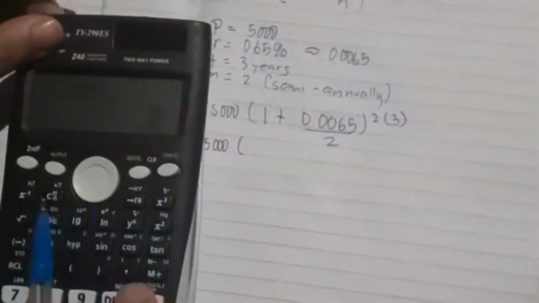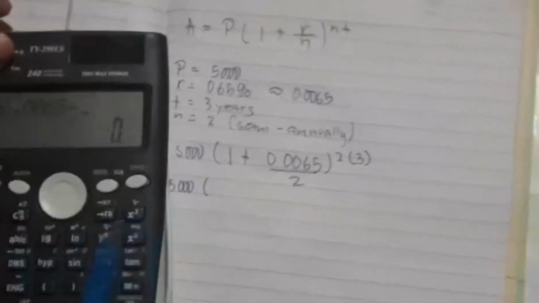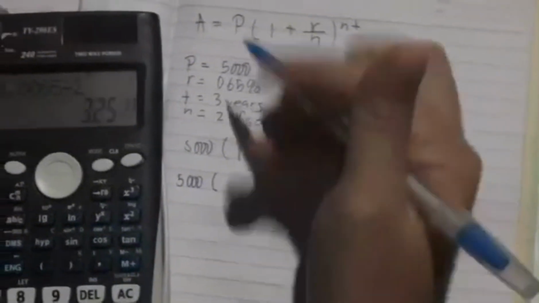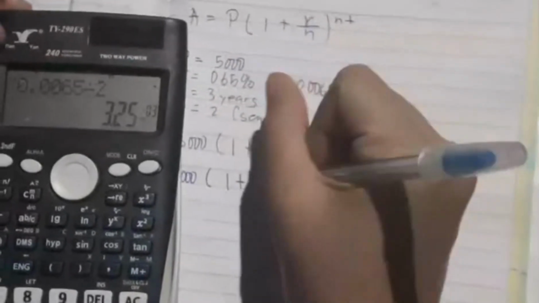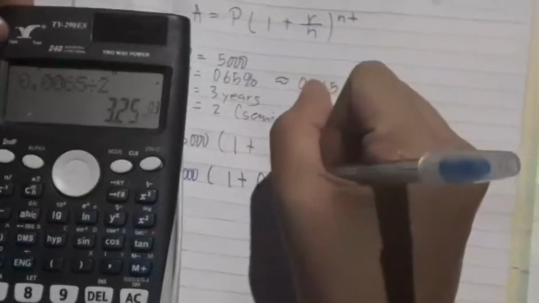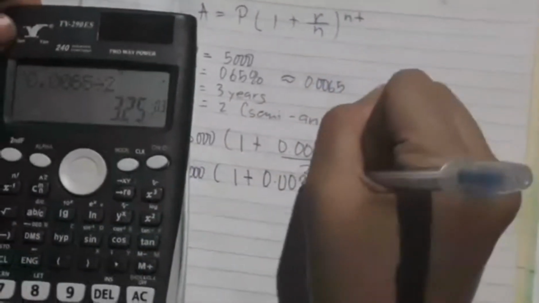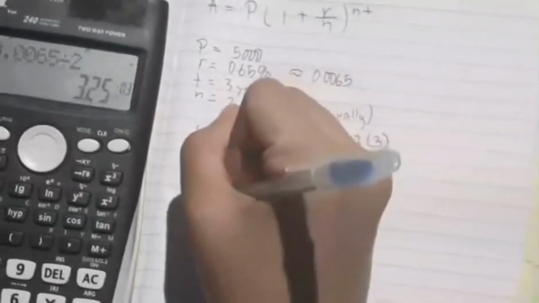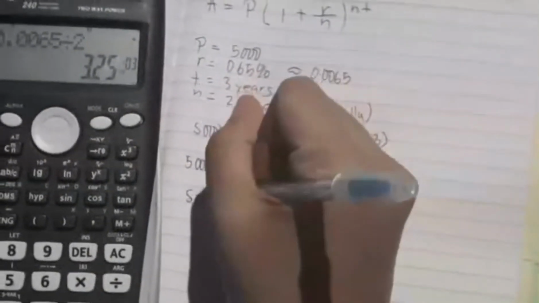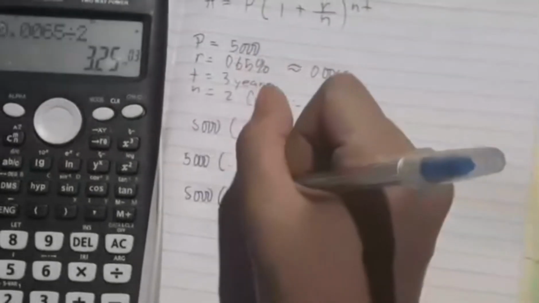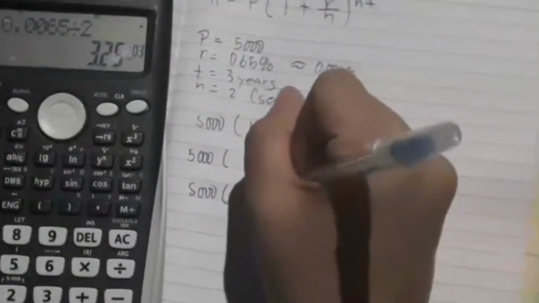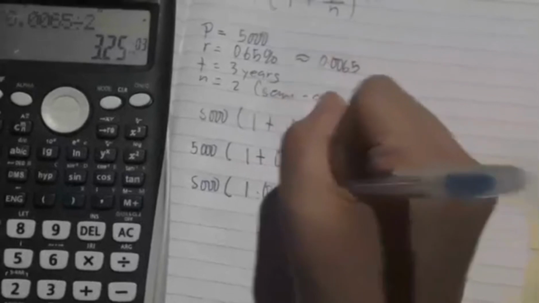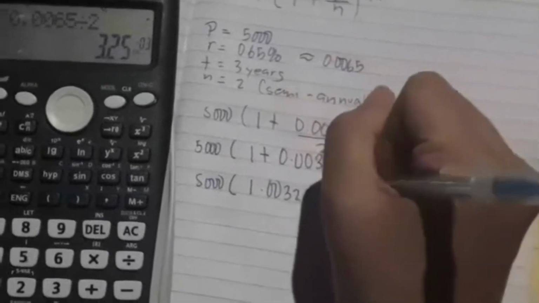Now 0.0065 divided by 2 is 0.00325, 1 plus that is 1.00325 to the 6. Write down again the 5,000 times 1.00325 to the 6.